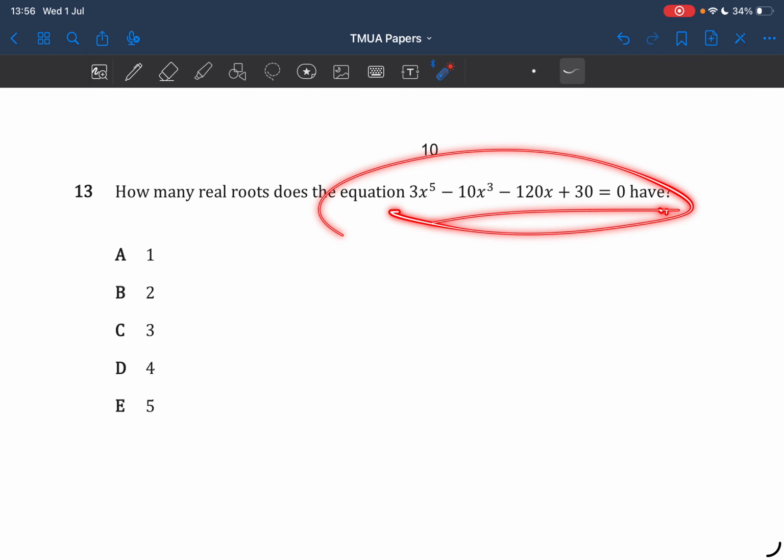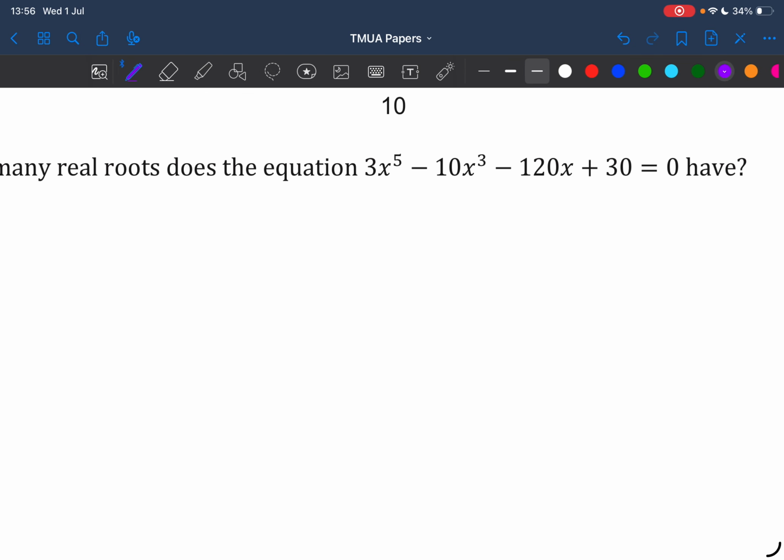Easiest way here, I think, is going to be doing the turning points. So let's actually differentiate it. We'll have 15x to the 4 minus 30x squared minus 120. Well, we just make that equal to 0. Let's factorize out 15.